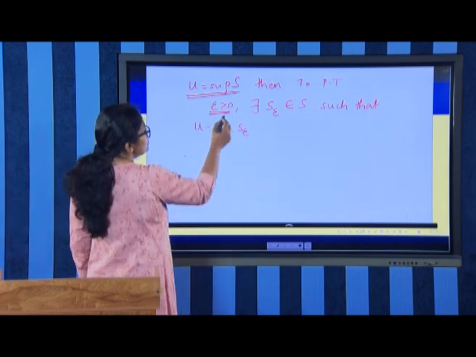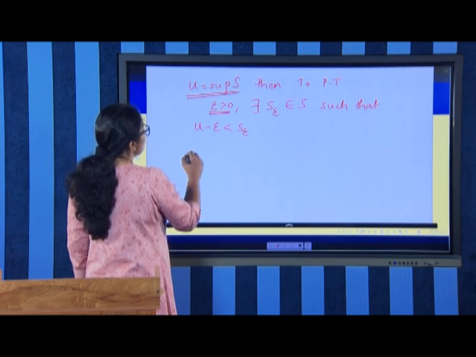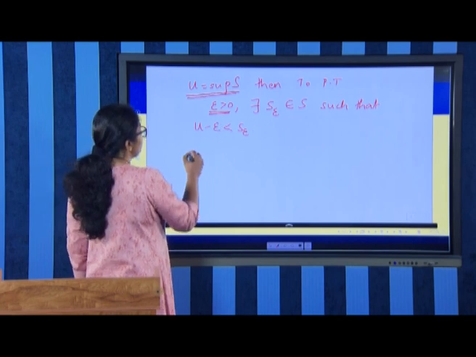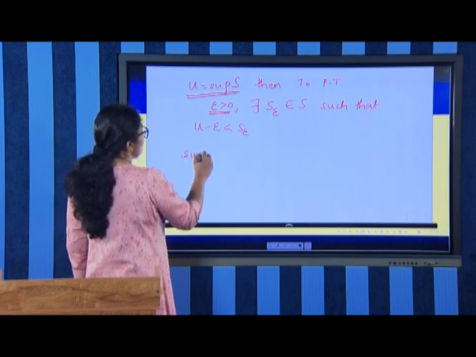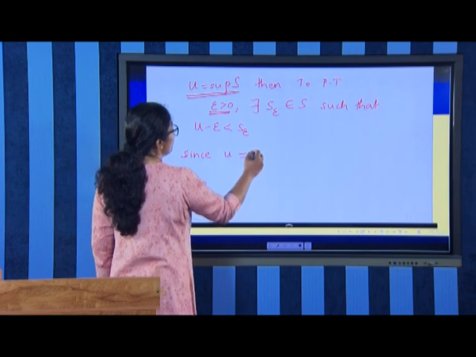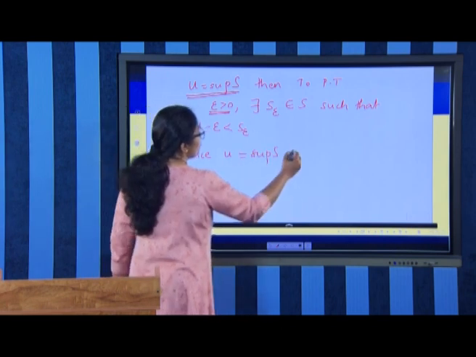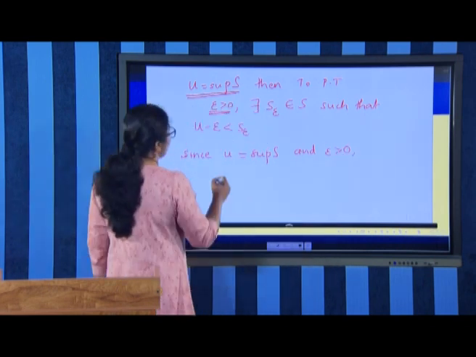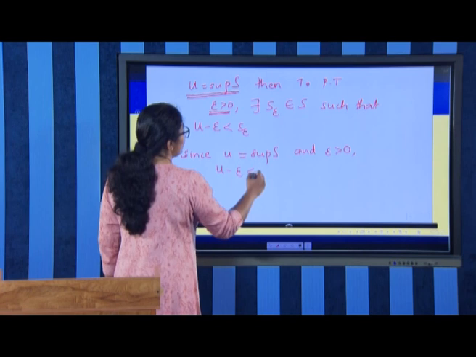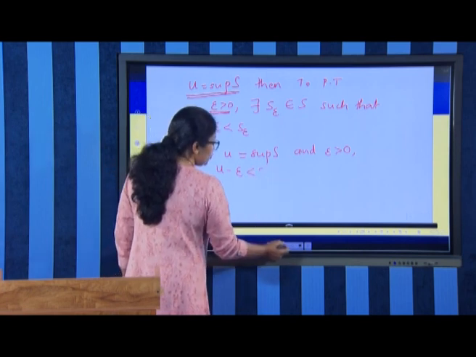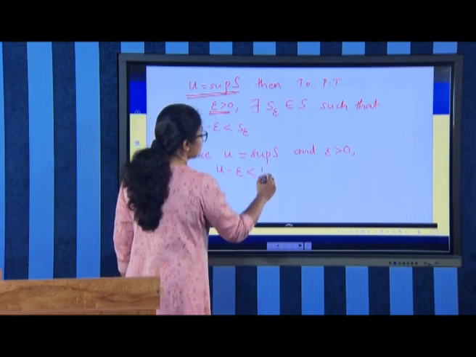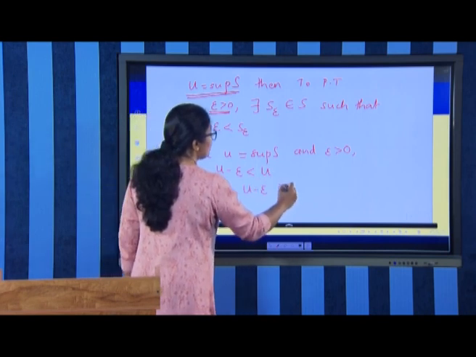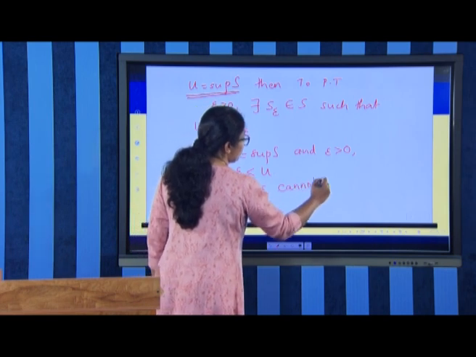Since epsilon is greater than 0 and u is the supremum of S, u minus epsilon is strictly less than u, and therefore u minus epsilon cannot be an upper bound.